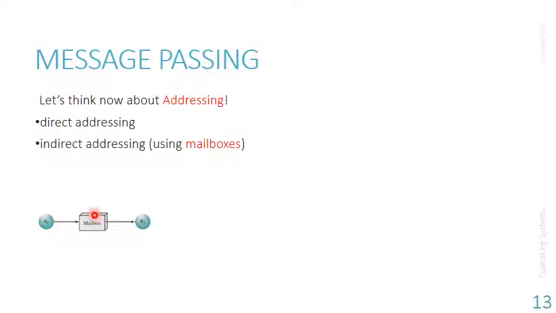So let's imagine different schemas here. We can have a single sender putting something in the mailbox for a single receiver, or a single sender putting a message in the mailbox for multiple receivers. It could be the same message or different messages, doesn't really matter.